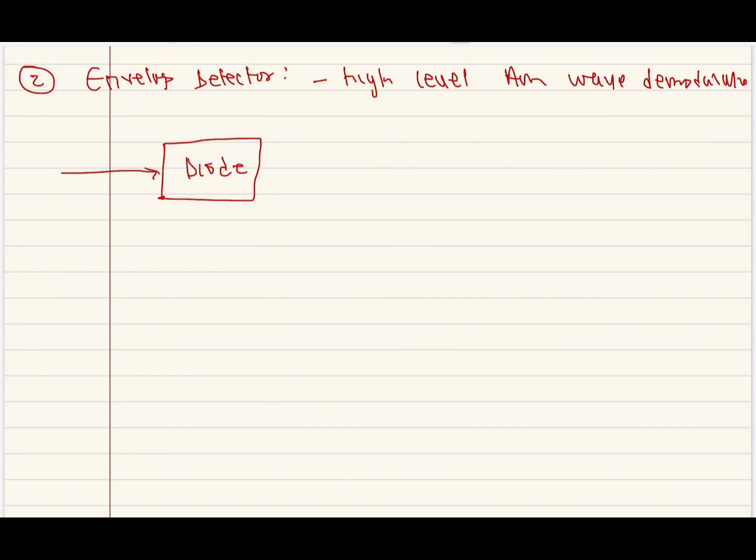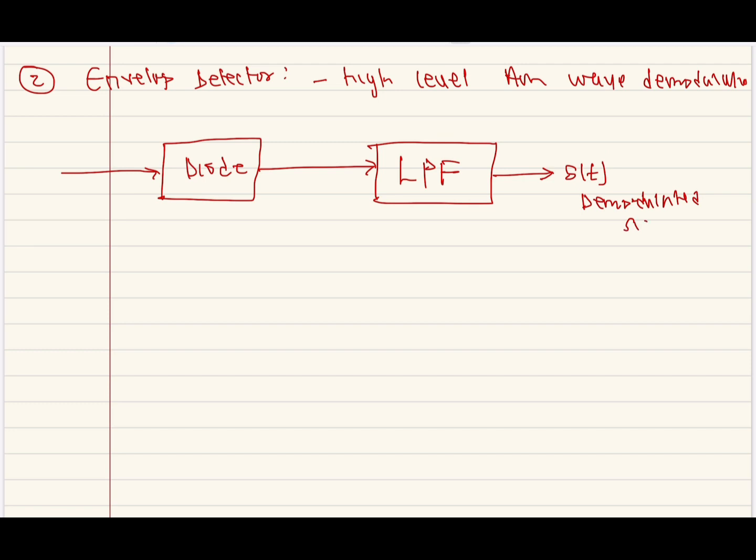You make use of the diode, and then from there you pass the result through a low pass filter again, because it's the same concept and principle. The final result is going to be our demodulated signal. So this is the result after using the envelope detector.